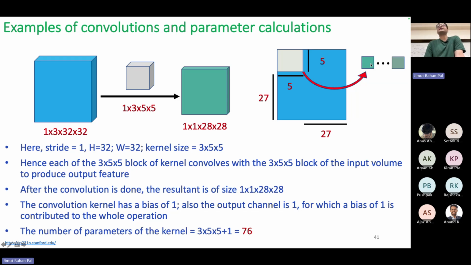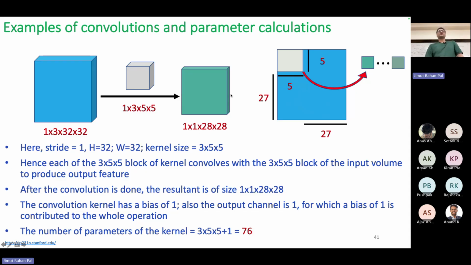Since there are 27 more operations, the output feature map will be 28 pixels across the width. Similarly, it goes on sequentially across the height, so it will be 28 in this dimension as well. So the output feature map will be 1 cross 28 cross 28.